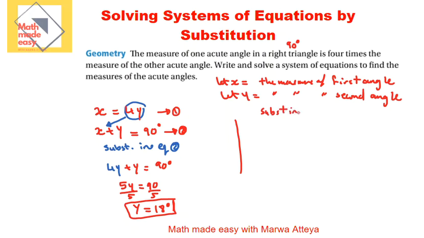I'm gonna substitute in equation 1 and find the value of x after I know how much y is. So x equals 4 multiplied by the value of y we just found, which is 18. Then x after multiplication is equal to 72 degrees.